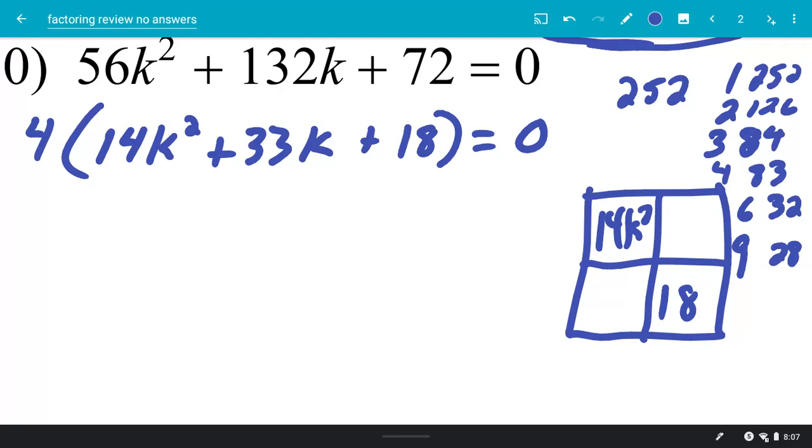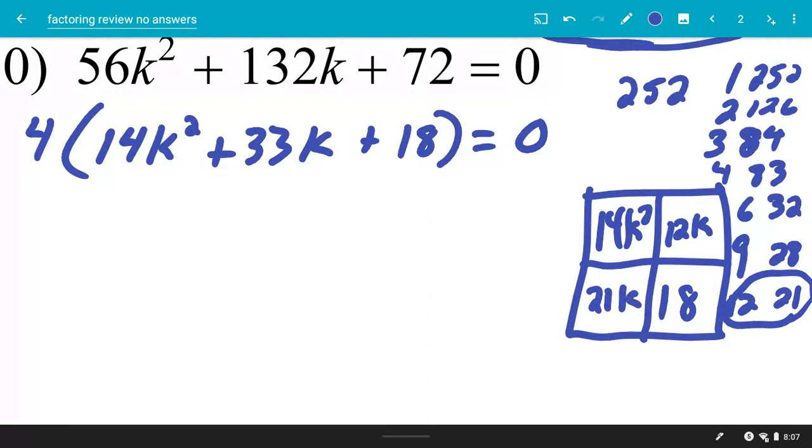It's a hard last problem. 252 divided by 12. Yeah. There we go. 12 goes in 21 times. Hey, there's my 33. Okay, so 12K and 21K.